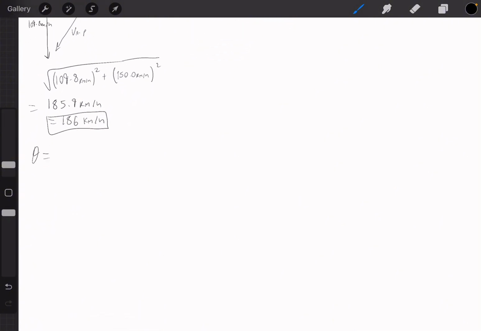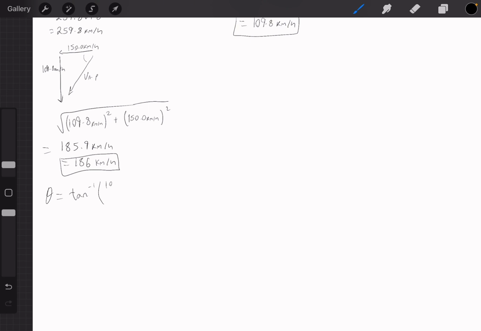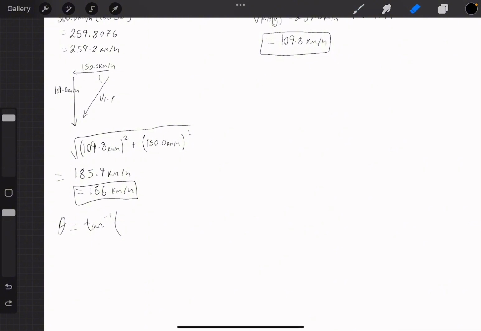So that theta is going to be equal to inverse tan of our x over our y. So that's going to be 150.0 kilometers per hour over 109.8 kilometers per hour. I'll zoom in so you can see a little better.